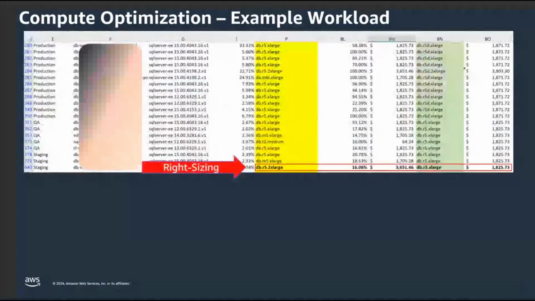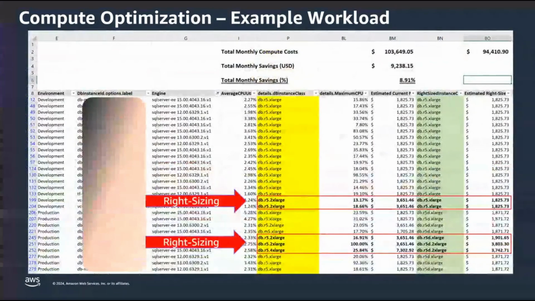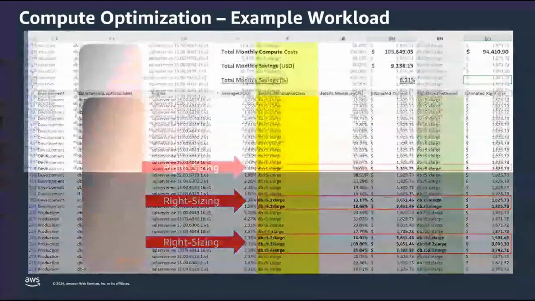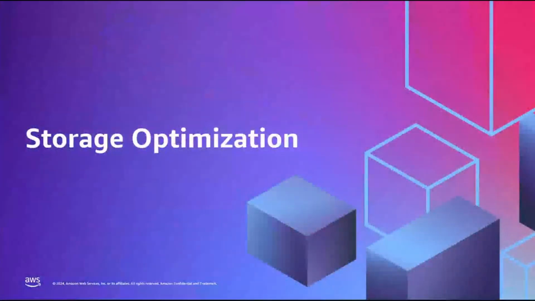And I think on the next page, there was one more. But that just rendered some modest savings at 8.9%. But it did help a little bit. So the idea is to see step by step how this can apply in your work. So here, by doing compute optimization, just downsizing these servers, we saved about 9% on our compute cost.